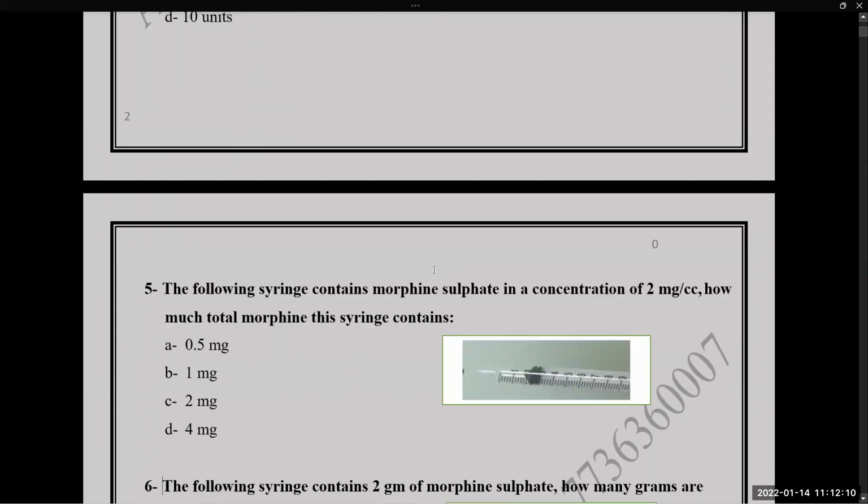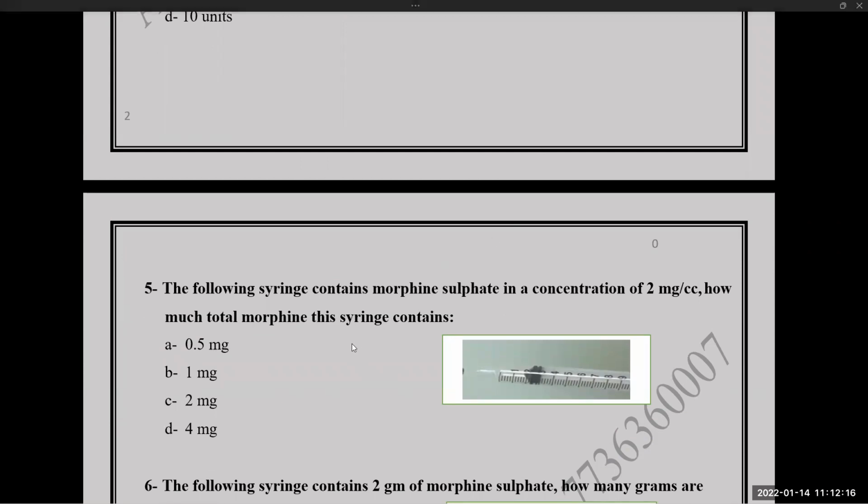Question number 5. The following syringe contains morphine sulfate 2 mg per ml. How much total morphine does this syringe contain? How many ml are there in the syringe?